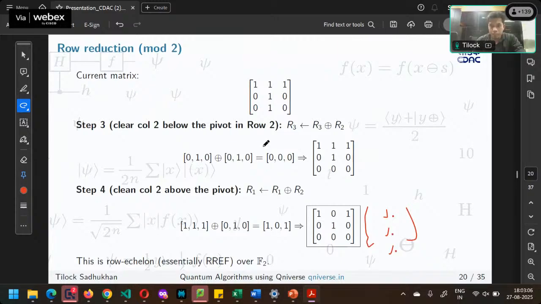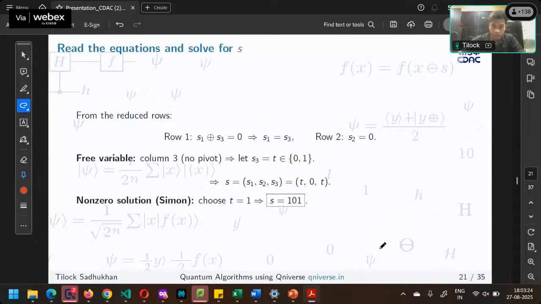If we do the multiplication, here the multiplication also means bitwise XOR. So 1.1 bitwise XOR 0.1 bitwise XOR 1.1, which results in something like this.